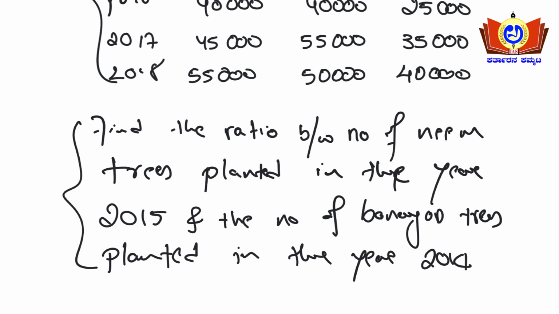See, this is the question here. Based upon this data, we need to answer this question. So what the question states is we need to find the ratio between neem trees planted in the year 2015 to the banyan trees planted in the year 2014.